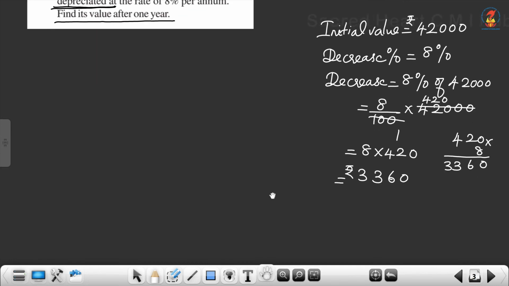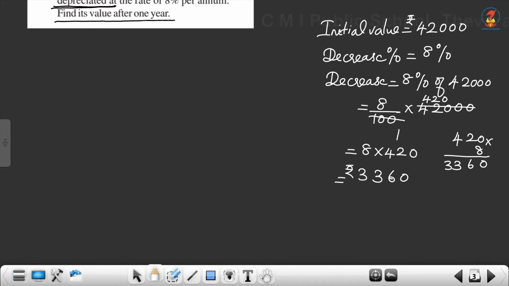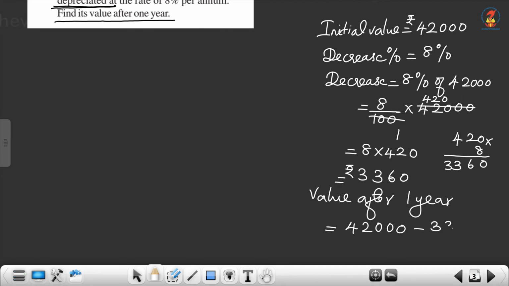Then we can find out the value after 1 year, or the price of the scooter after 1 year, equal to the initial value minus the reduction, 42,000 minus 3,360.